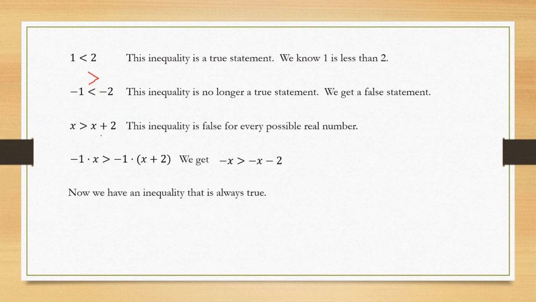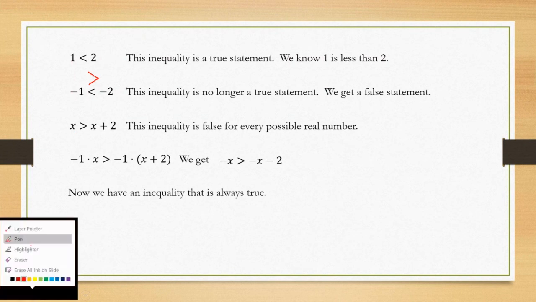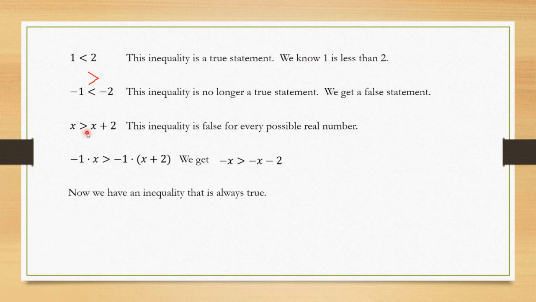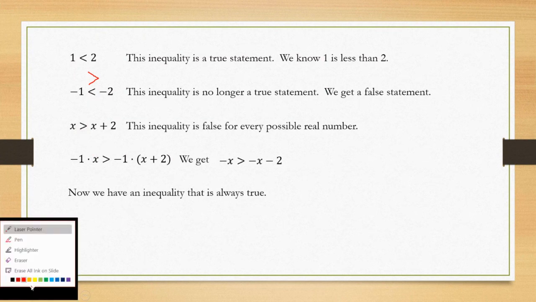And really, to bring in variables, here's an example. If you look at the one down here, this one, here, let me get the laser. This one, right, is false for no matter what x is. Okay, no matter what number you plug in for x, this is going to be a false statement. But if I multiply by -1 on both sides, and I forgot to turn the inequality around, well, what happens?